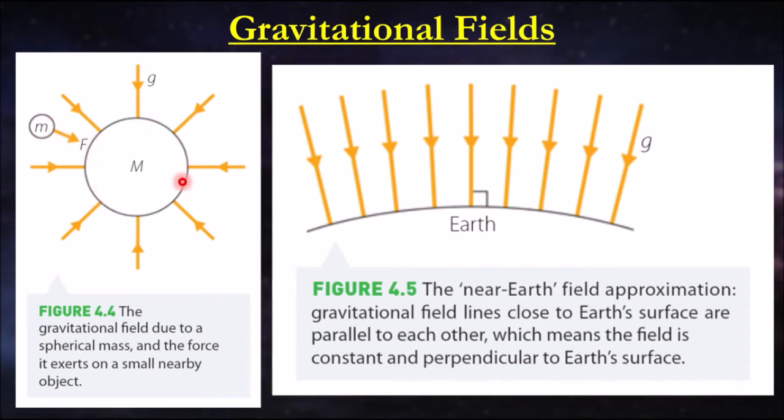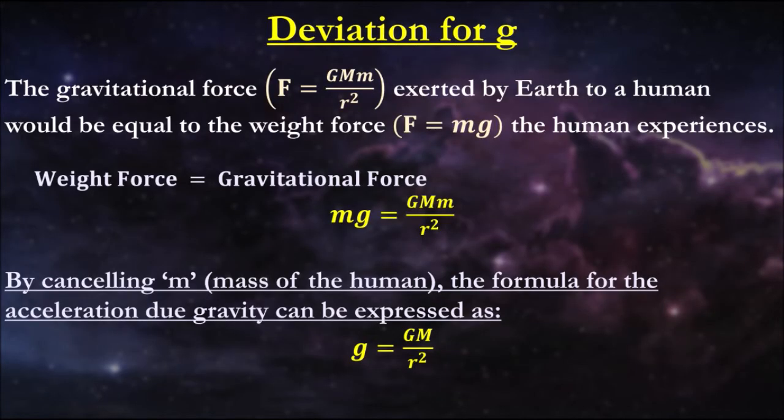So we want to look at it from the perspective of the larger object, and we also want to take into account the distance between where the objects are. Okay, so we're going to try and equate weight force and gravitational force together, because they are the same thing. When I say weight force, it's due to a gravitational attraction.